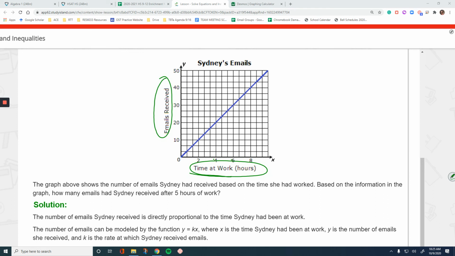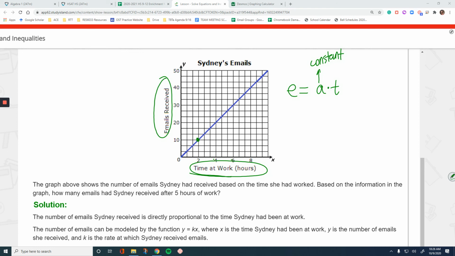Number of emails equals either K or A. That's our constant that we are going to figure out, times the time, number of hours. You can put H, you can put T, whatever you want to put. So now find one point on the line. Okay, so this point would work.